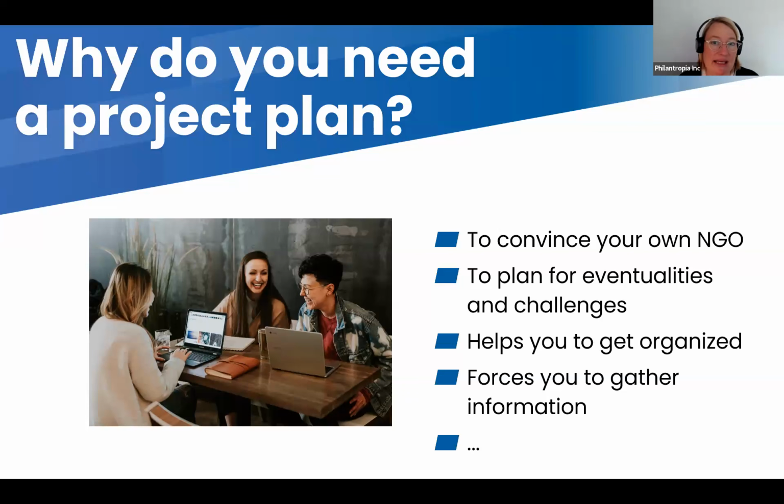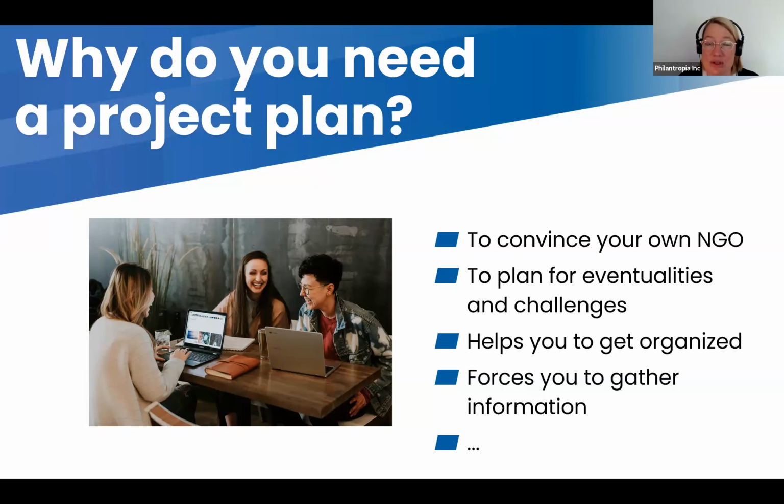We've seen many cases where NGOs have had an idea and didn't properly develop a project plan from it, just wrote a quick proposal, or sometimes had connections and didn't even have to write a full proposal, got funding, and then during the implementation realized, oh my God, this is not possible. We didn't realize that this was not possible at all.